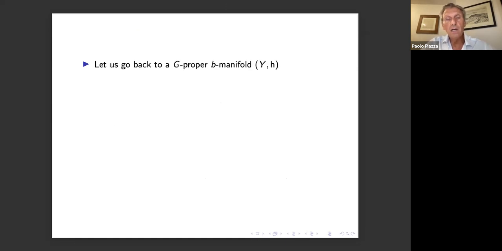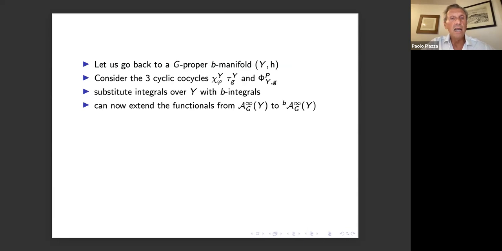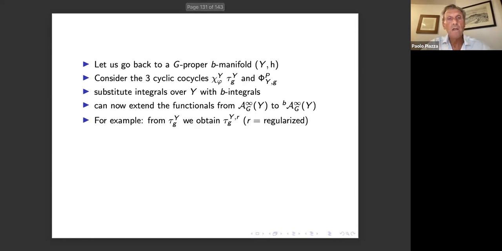So now let us go back to a G-proper manifold, and let us take those famous cyclic cocycles. And now, instead of taking integrals, we take b-integrals. And if we take b-integrals, we can extend these functionals from the small algebras to the big algebra.